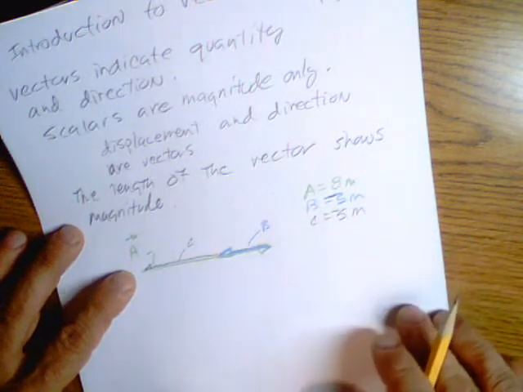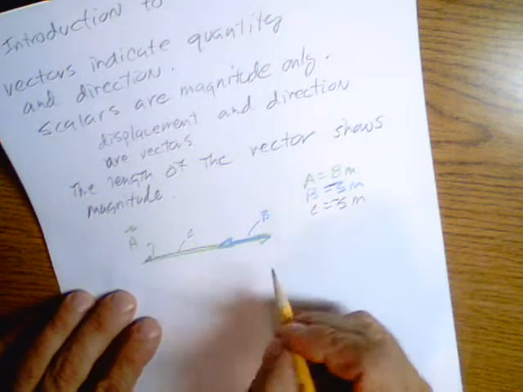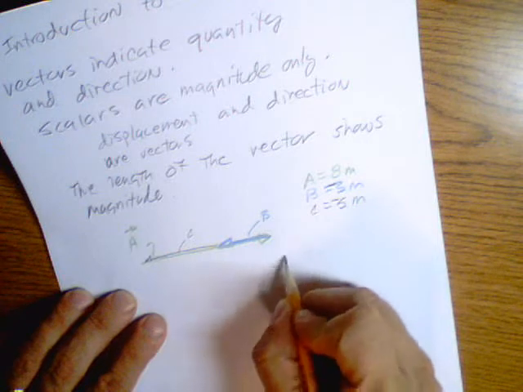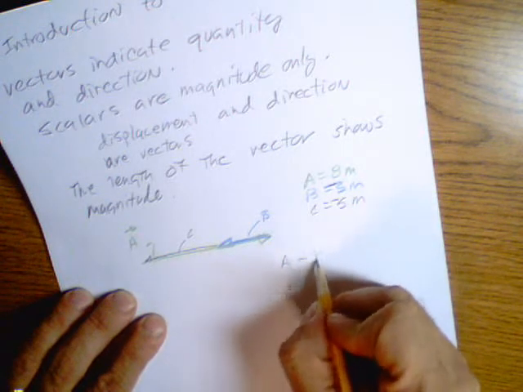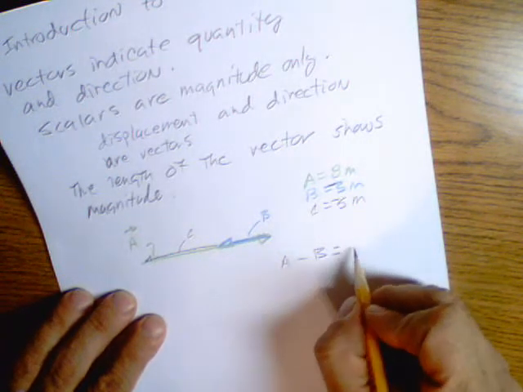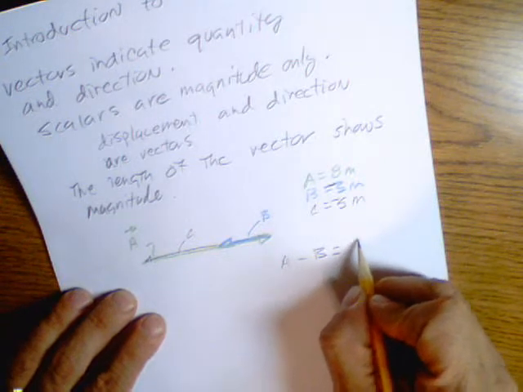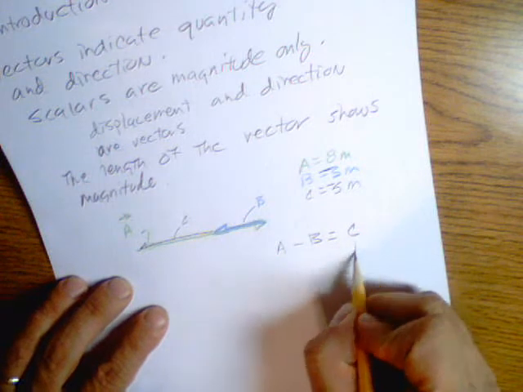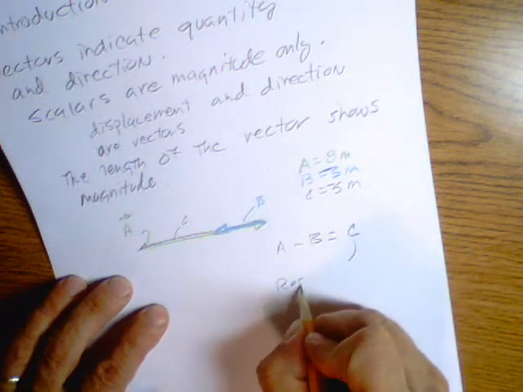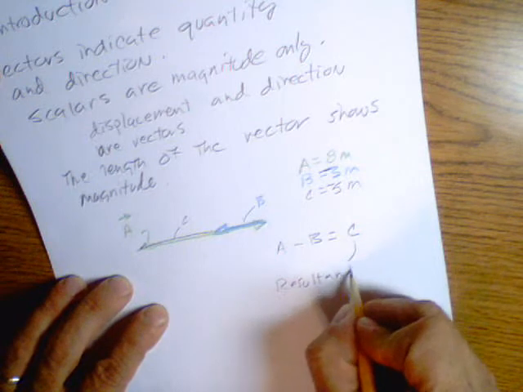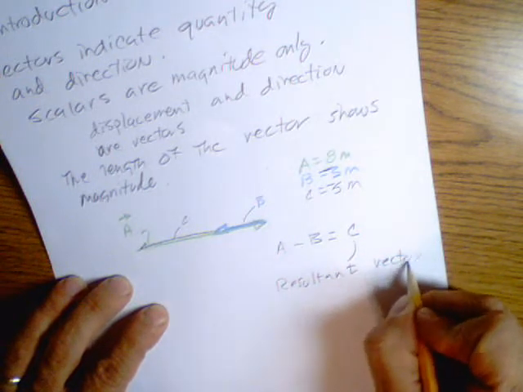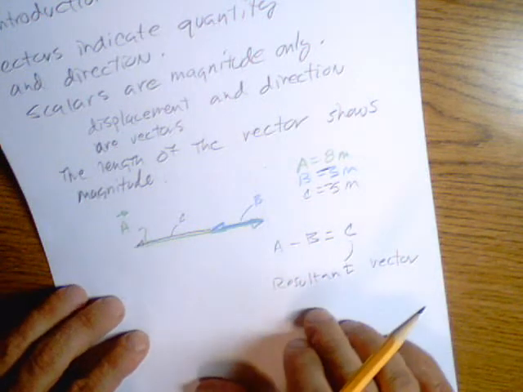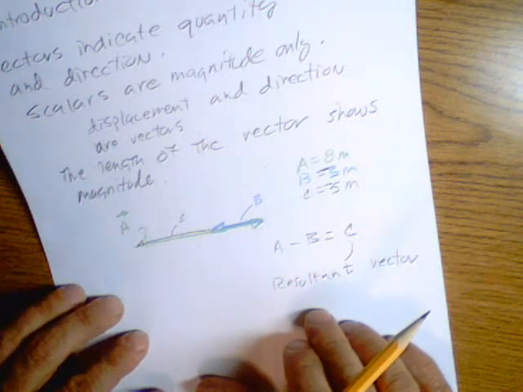So we might also ask if vector A minus vector B equals vector C, and vector C would be considered the resultant vector, because it was the product of the previous two vectors.